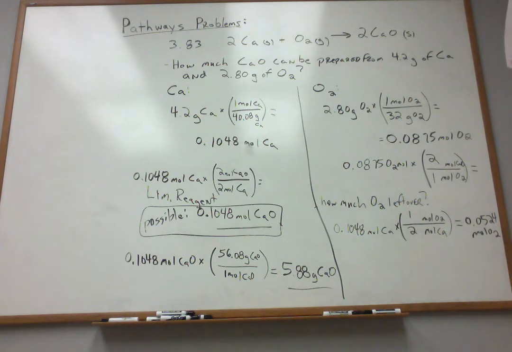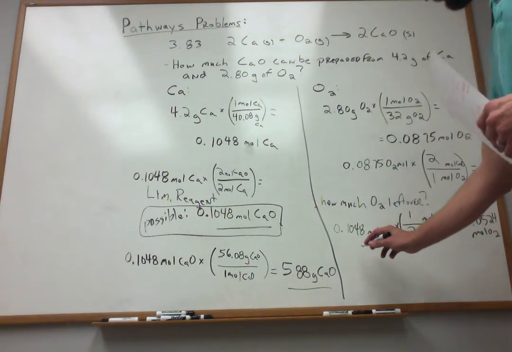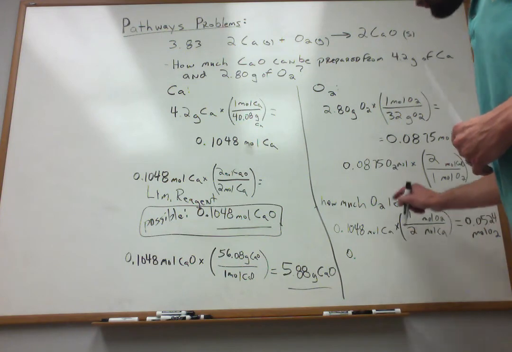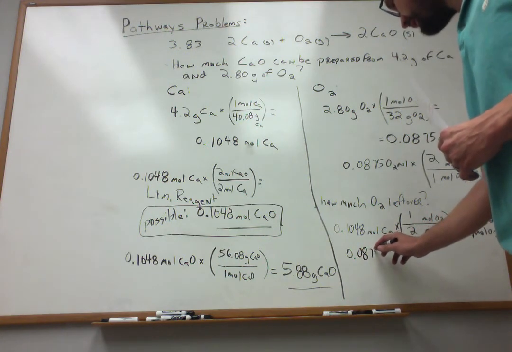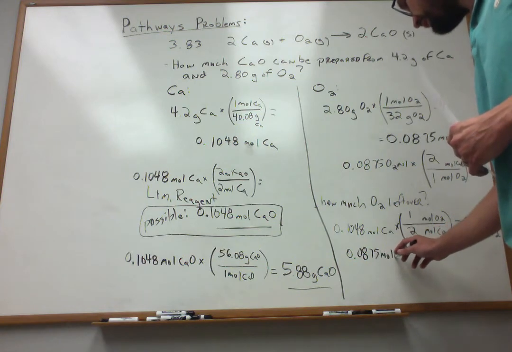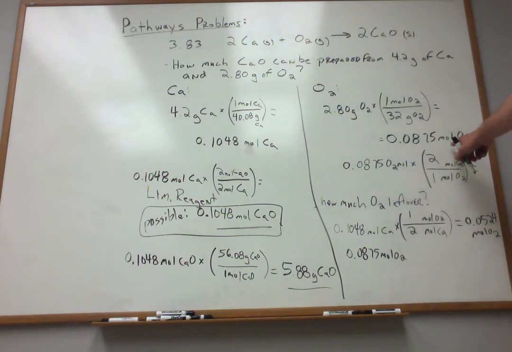Now back to my original question. Can I figure out how much was left over? Well, yeah, I can, I think, because I know what I started with. Originally, I had 0.0875 moles of oxygen. That's what my reaction system was charged with, or what was added to begin with, okay?